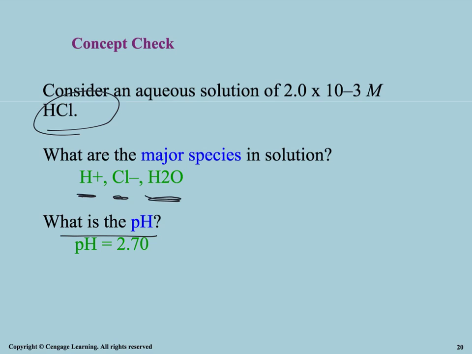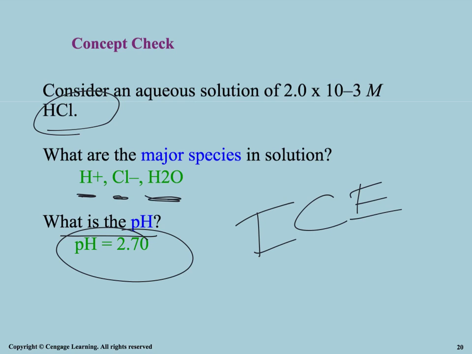Question, what is pH? Wait a minute. Where's my ice table? I just gave you an answer with no ice table? How rude. Why did that happen? Why did I give you pH with no ice table? Going once? Going twice?